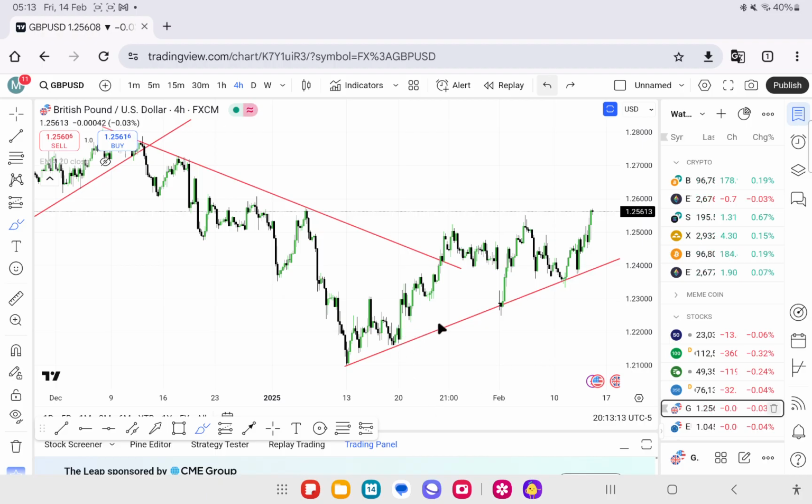Whenever you are trading a trend line or even a horizontal line, it changes its role. For example, here till here, then here. If it is breaking from here, it means that the trend line has been broken and maybe the trend has changed.